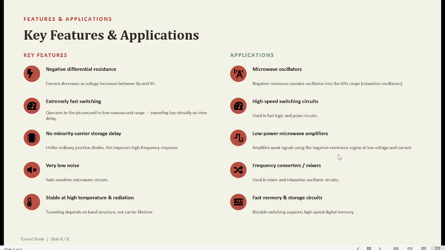Then low power microwave amplifiers, frequency mixers or frequency converters. And finally, because you can see from its characteristics that a single value of current corresponds to 3 different values of voltage, it has a feature like memory. So this device is also suitable to be used in fast memory and storage circuits.